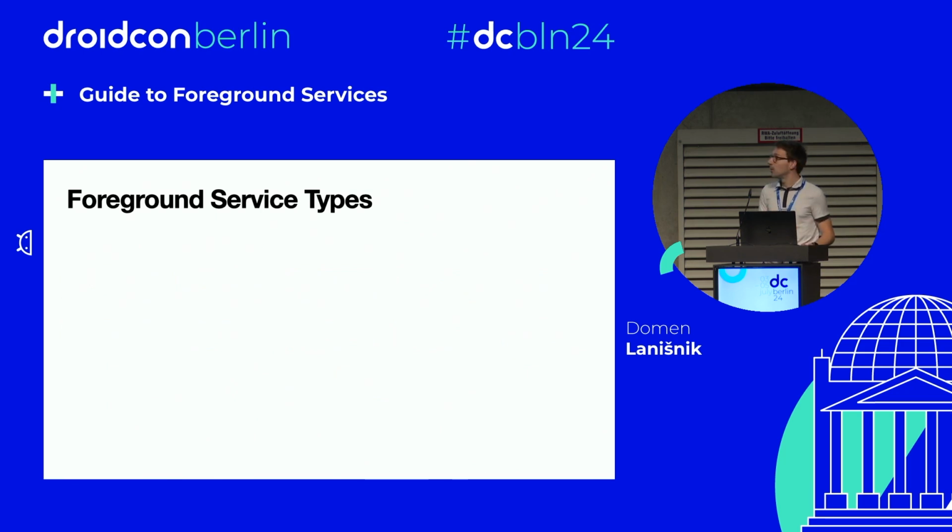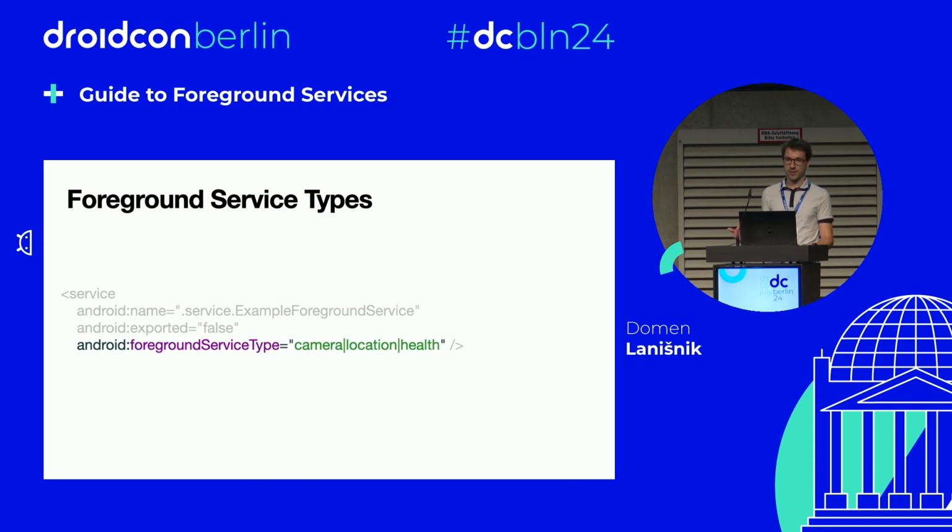Okay, so how do you actually define a foreground service type? Well, in your manifest, when you declare a service, you now also need to include a property called foreground service type. And in here, you specify the type that the service represents. If your service implements multiple types, then you can separate them using the pipe operator.